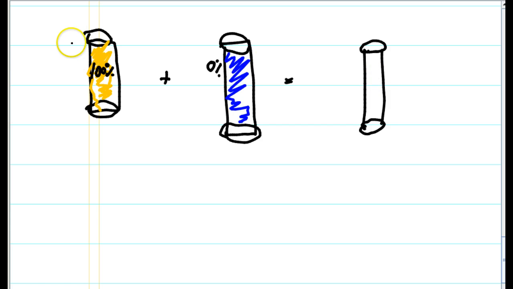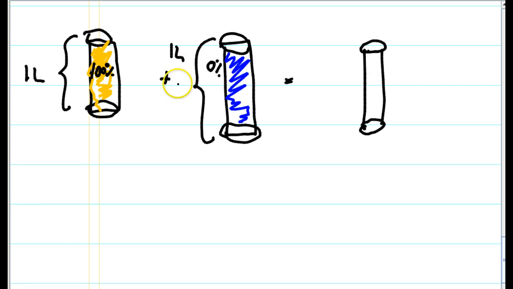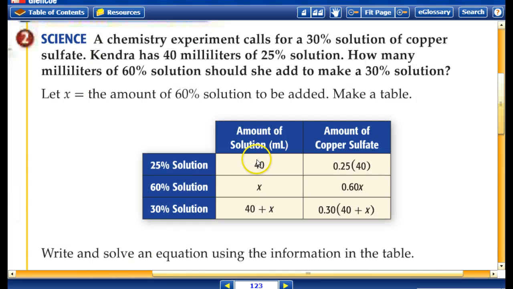No. So, if I did 1 liter of each, this is 1 liter and this is 1 liter. Okay, so first of all, how much would this be? 2 liters, right? So 1 liter and 1 liter makes 2 liters, this is why this box adds up. And we're adding them up. And 1 liter plus 1 liter equals 2 liters, and so on.